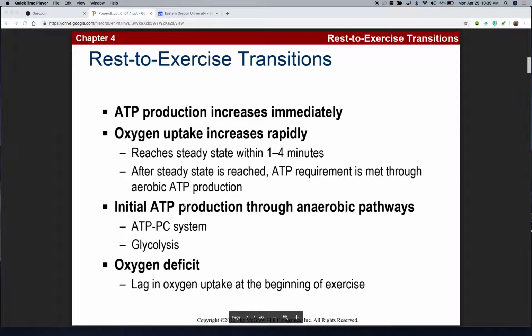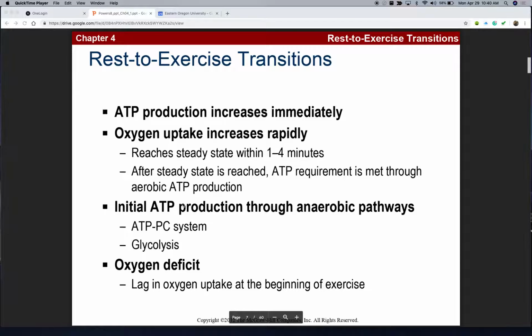It's a hard concept to get your head around, but I don't want to mischaracterize how these energy systems work, because typically when undergraduates are taught this, they're just taught these as being in separate buckets, and you turn one on for this type of thing and the other one on for that type of thing, and it doesn't work like that. We're complex biological systems, and these things are always going to some degree, but it's just the level at which they're contributing is going to change based on the demand of the work.